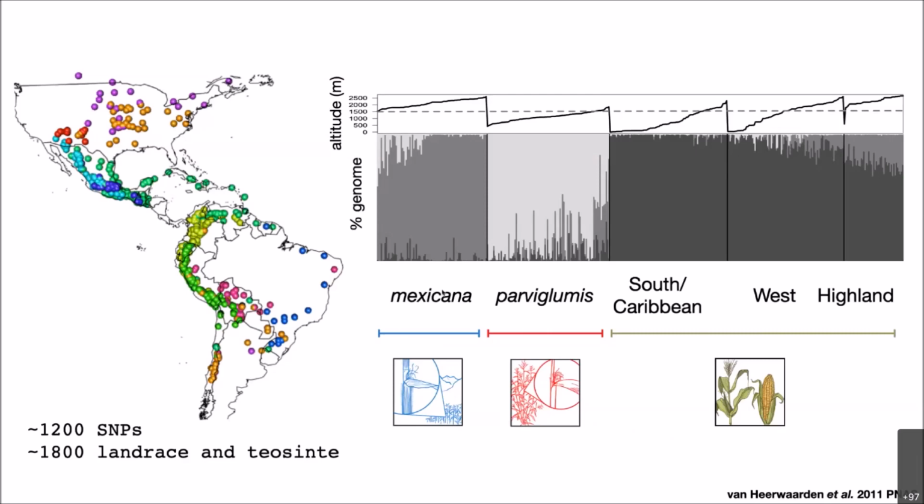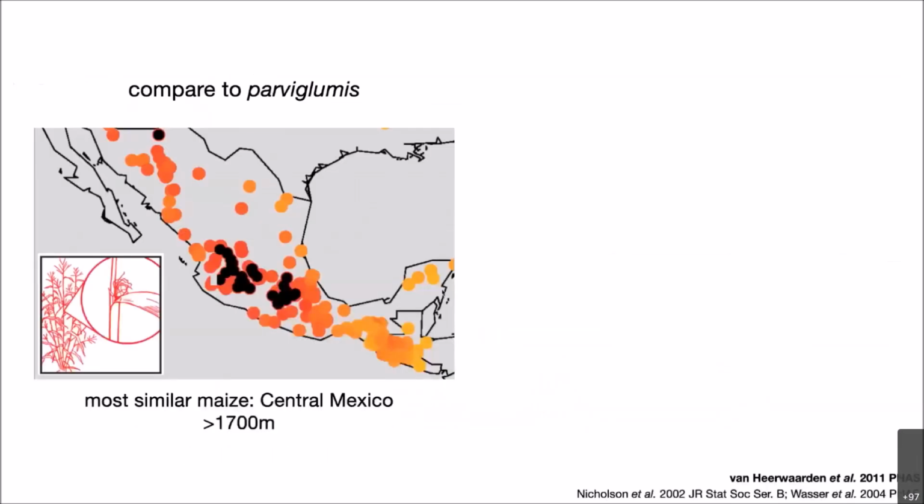So maize is purported to have evolved directly from Parviglumis, but here we see evidence of admixture with the second teosinte, mexicana. And we see that in the highlands of central Mexico, as much as 20 to 40% of the genome of maize landraces comes from the second teosinte. And we asked, could it be that this admixture is what's throwing off John's data and making maize from the highlands look more like Parviglumis?